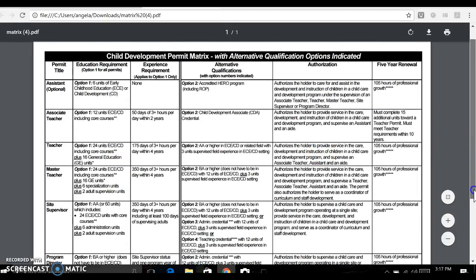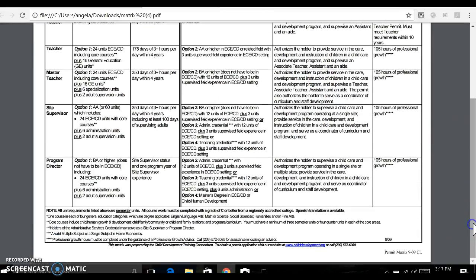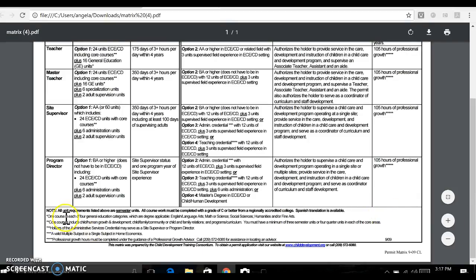And if you scroll down here to the bottom of the matrix, you'll see where it says 1 course in each of the 4 general education categories, which are degree applicable, which means it has to be the graduation requirement. So you have to have English 100, you have to have a math or a science, and this is typically a 4-unit class.